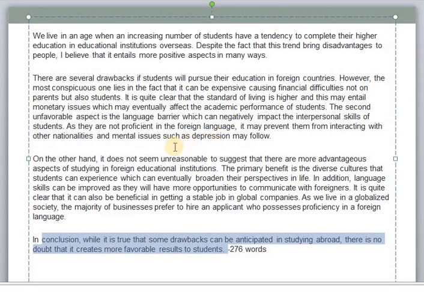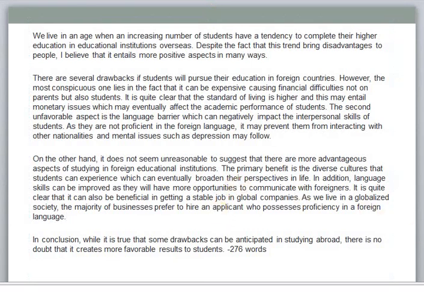So do not use very common connectives like firstly, secondly, finally. Try to use the primary benefit. Instead of saying firstly, you say the primary benefit. Okay? There. So do not write less than 250 words because I'm sure that you will get a low score for that.